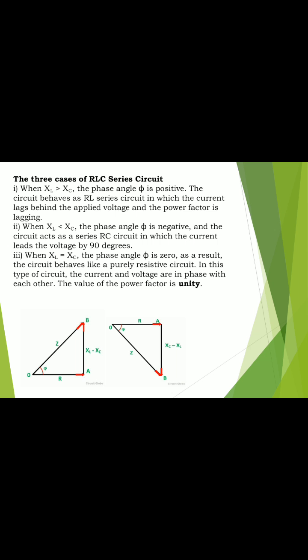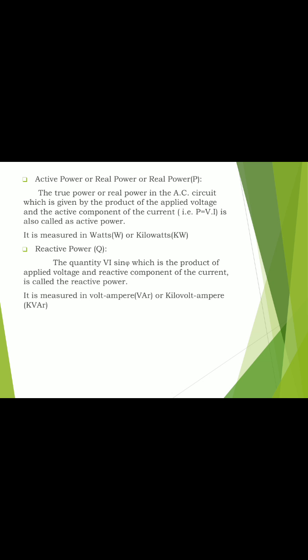First, where XL is greater than XC, so the phase angle is positive. Second, where XL is less than XC, so our phase angle is negative. And third, where XL is equal to XC, where the phase angle will be 0.